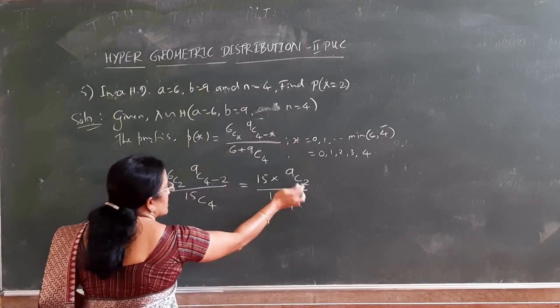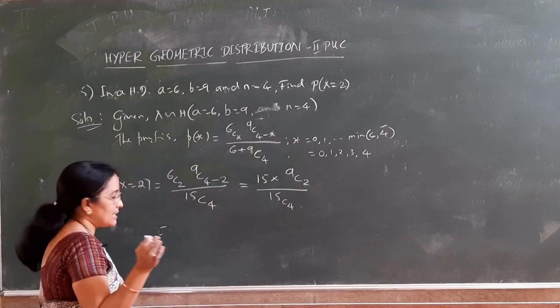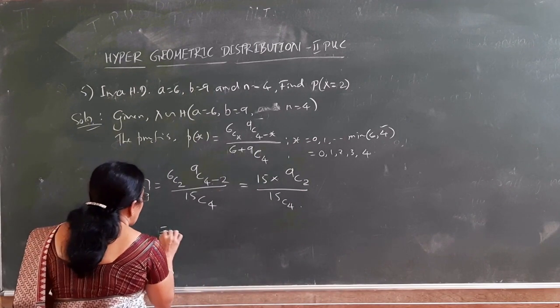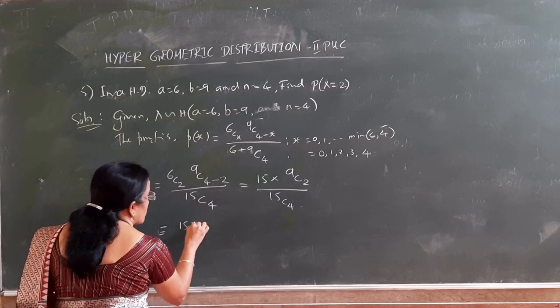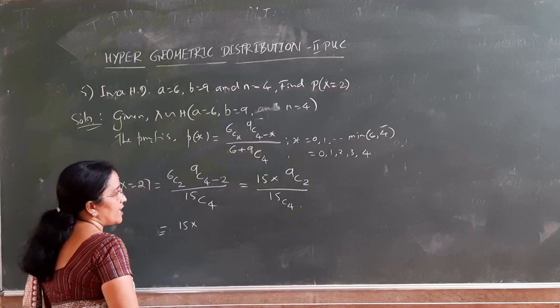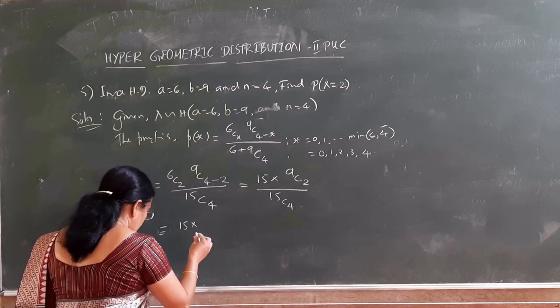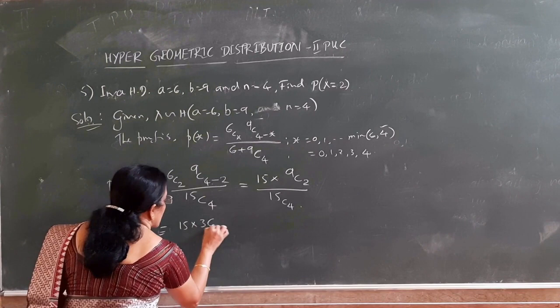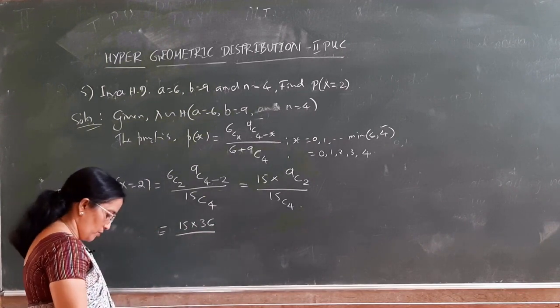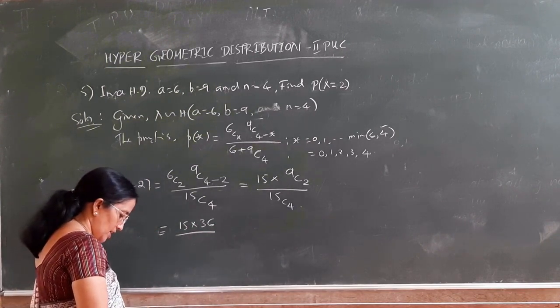Yes. Now 9C2 and 15C4 you will be getting in the table also. 15 into 9C2, 9 into 8 divided by 2 into 1, that is 9 into 4, 36. Similarly, 15C4 is 1365.